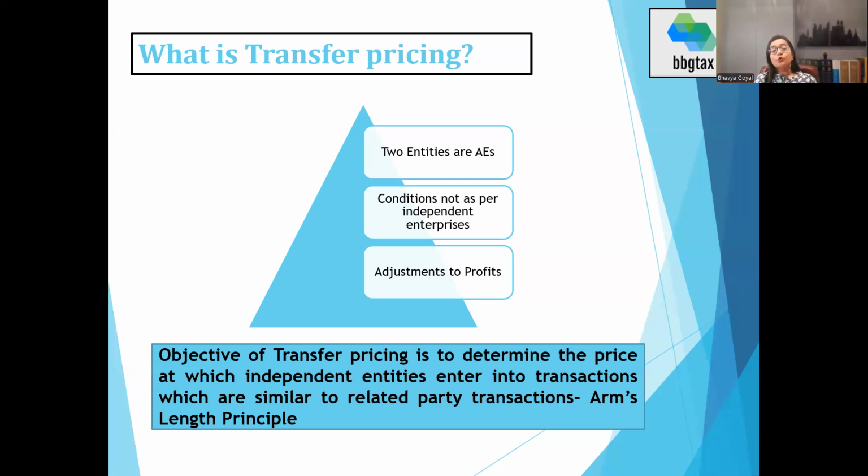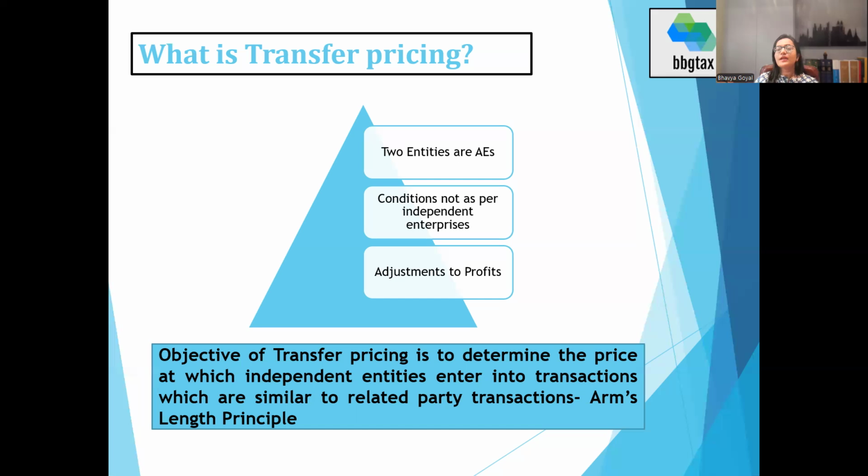Now there are two unrelated, independent entities within the same jurisdictions, country A and country B. This entity in country A, say X, which is an independent entity, is selling apples to an entity Y in country B at say 200 rupees or 200 US dollars per kg.